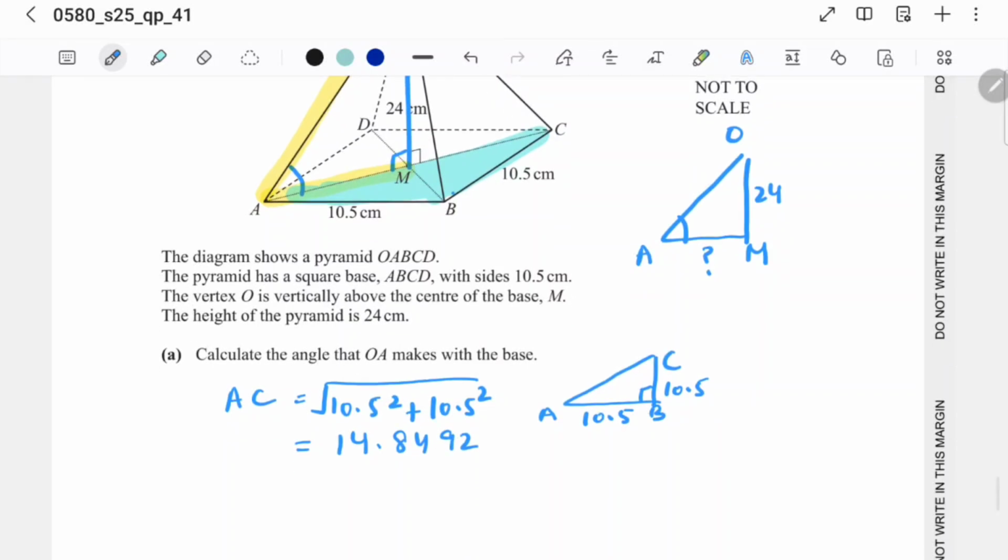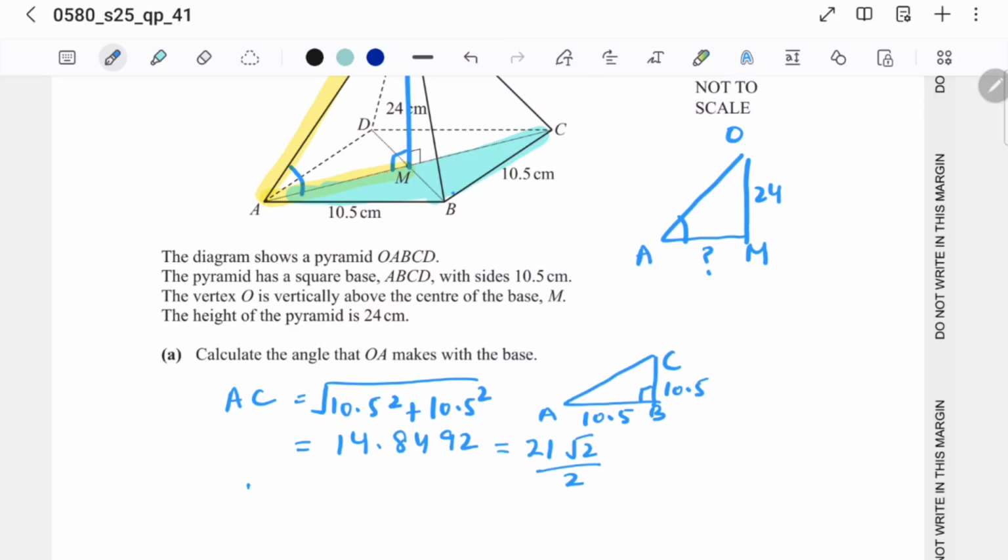Now we are going to find half of it. In surd form, AM is equal to 21 square root 2 upon 2. We get the exact value if we keep the value in surd form.